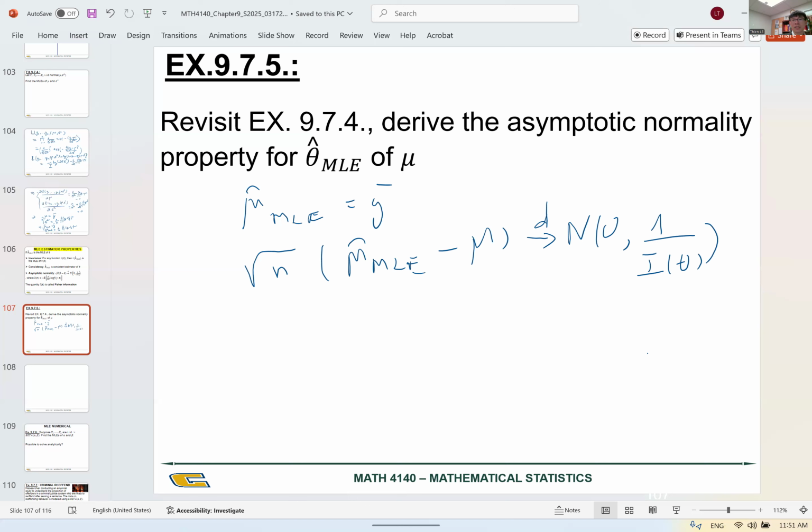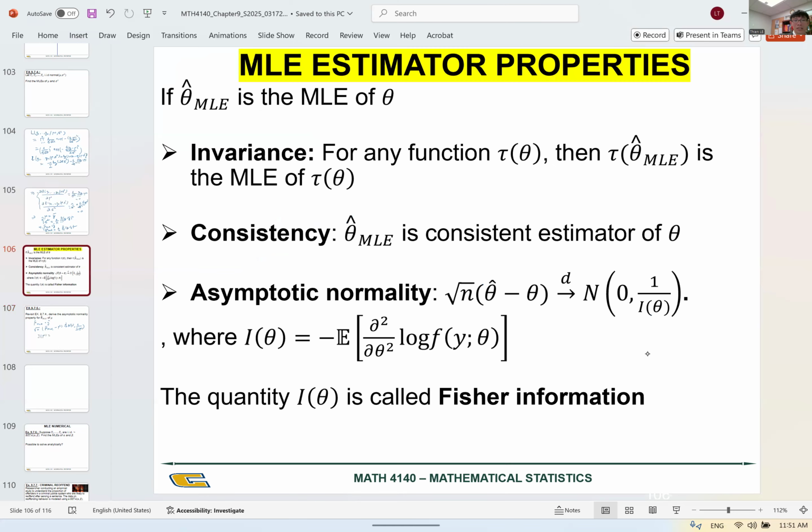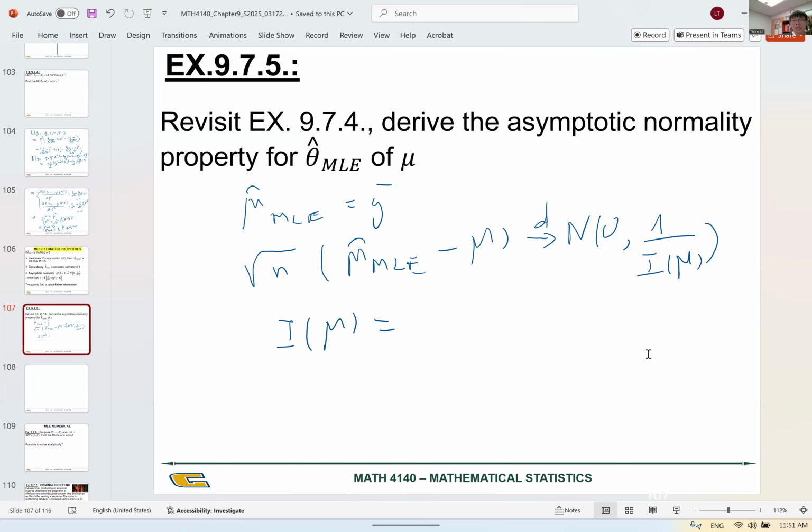In this case, I theta is I mu, and I mu is the Fisher information, determined by the second derivative of log f(y; mu). Okay.